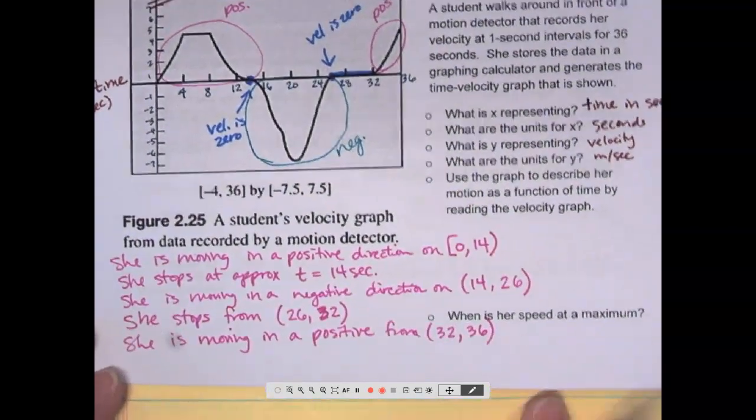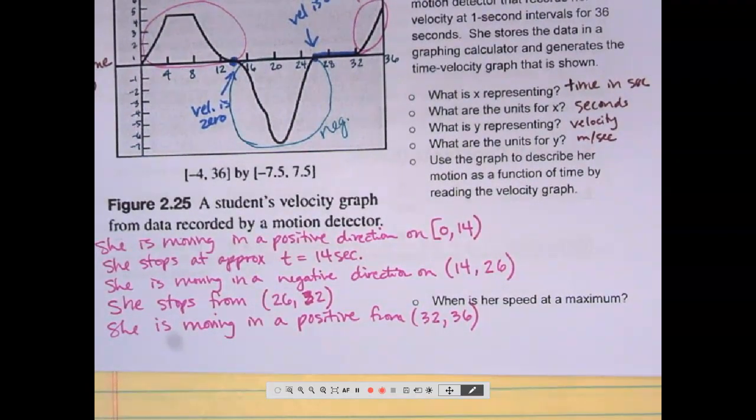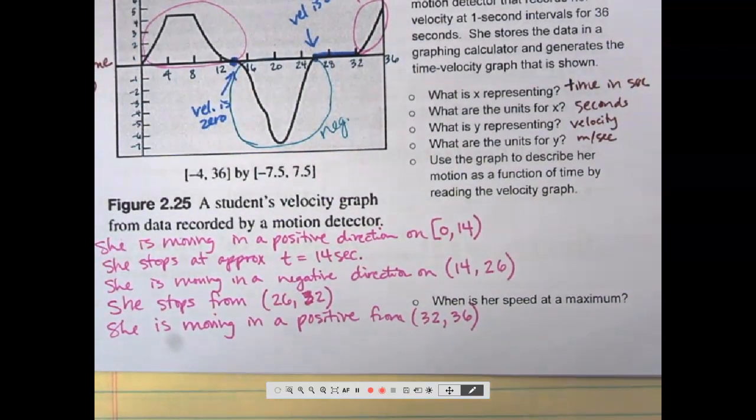All right. When is her speed at a maximum? When is her speed at a maximum? 14. It is the absolute value. So when is it at max? 20? Who said 20? All right.